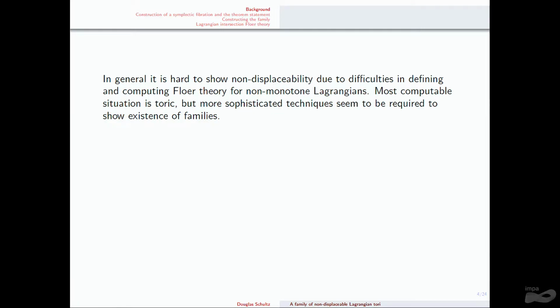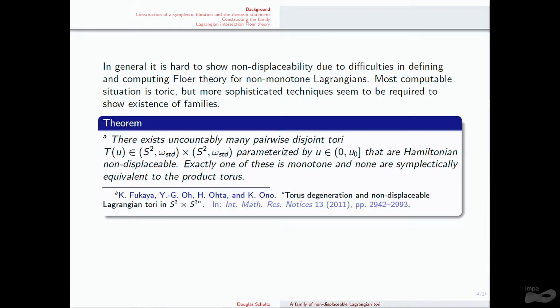The most computable situation for Floer theory is the toric case. But the examples in the literature all seem to involve more sophisticated techniques, so let's mention some of those.